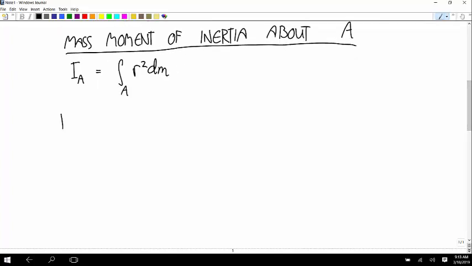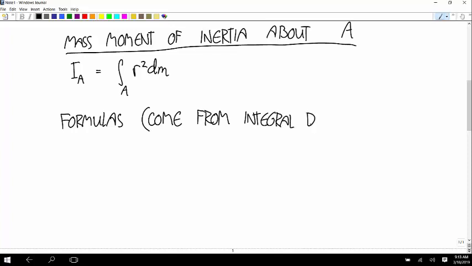So formulas, they come from the integral definition, for 4 simple shapes.